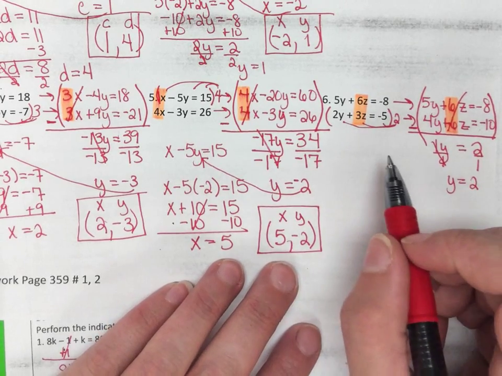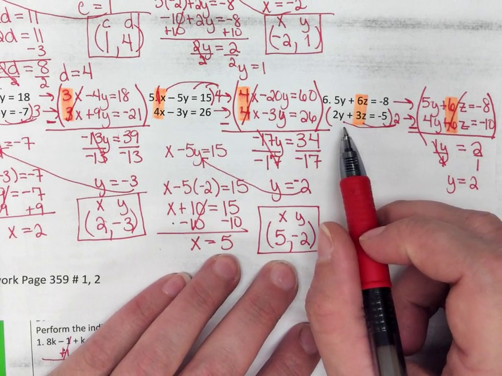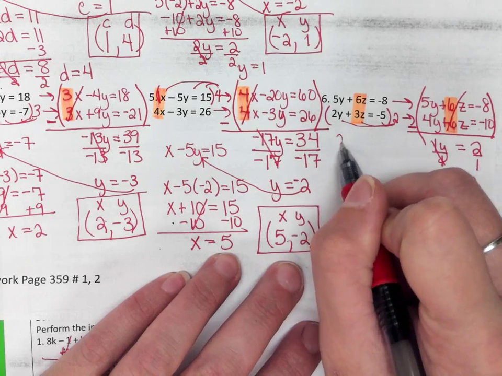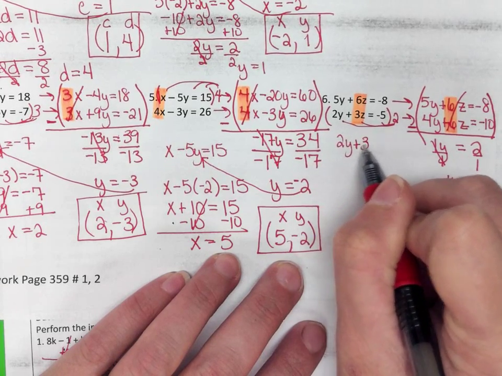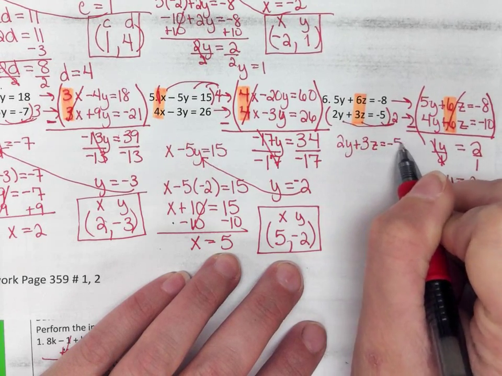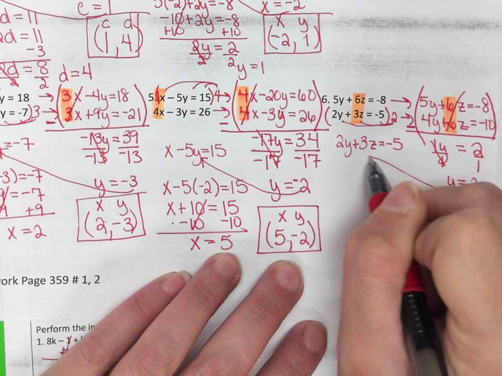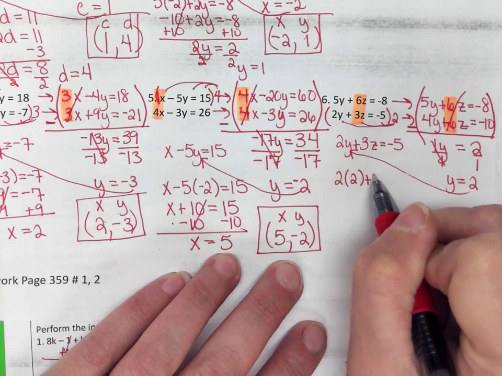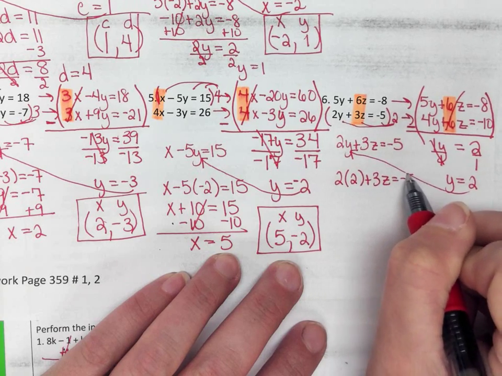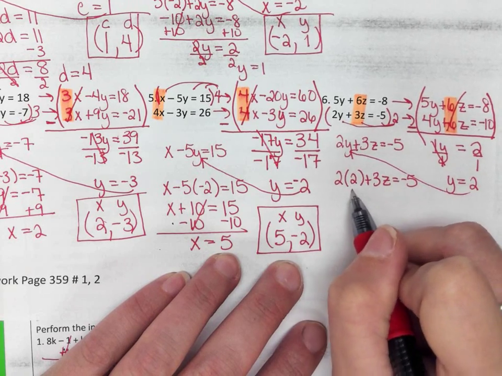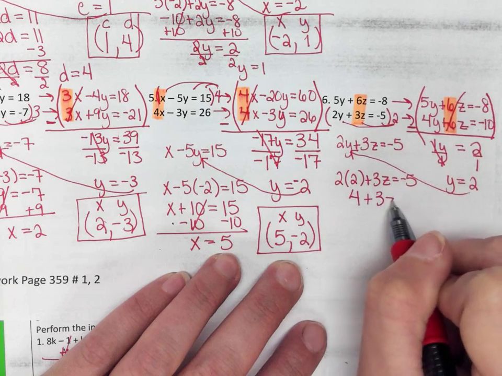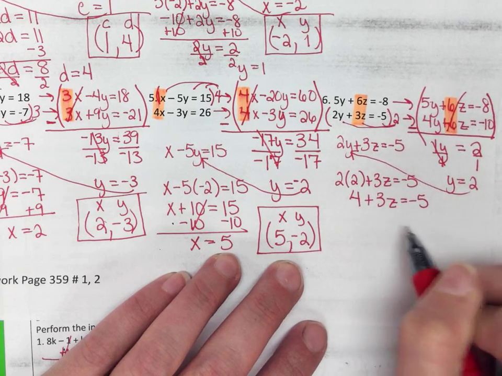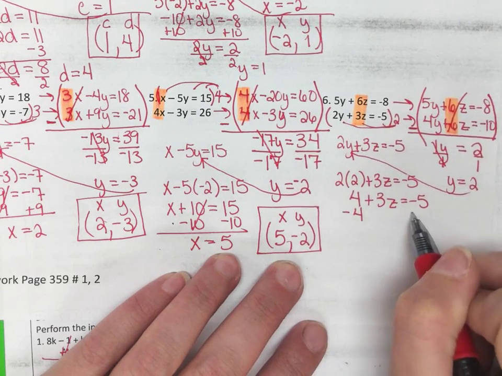Alright, let's see. I think I'm going to do the bottom one. So let's do 2y plus 3z equals negative 5. So this y is going to go right there. So 2 times 2 is 4. Subtract the 4.